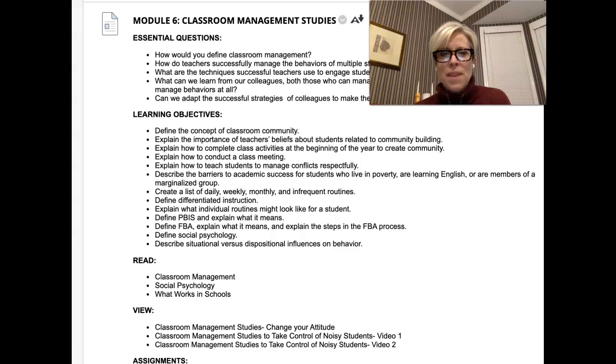So we're going to look at different ways and tools to manage and set the stage so that ultimately we have created opportunities for success. But I'm also going to challenge you to get into other classrooms as best you can with the time that you have in your own schools, and do some quick observations.